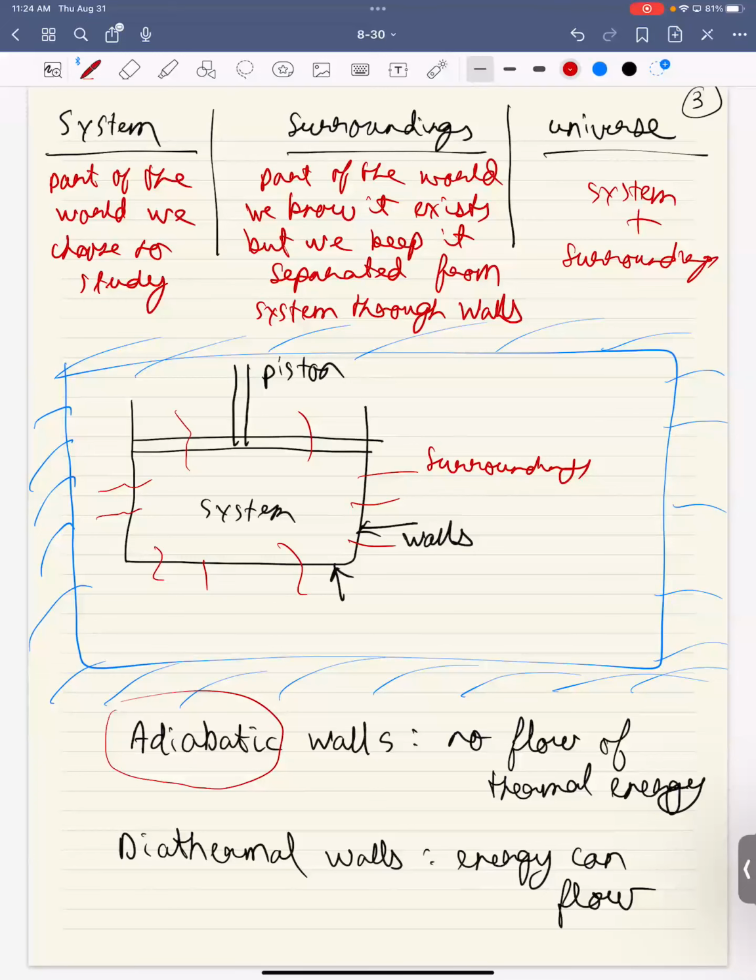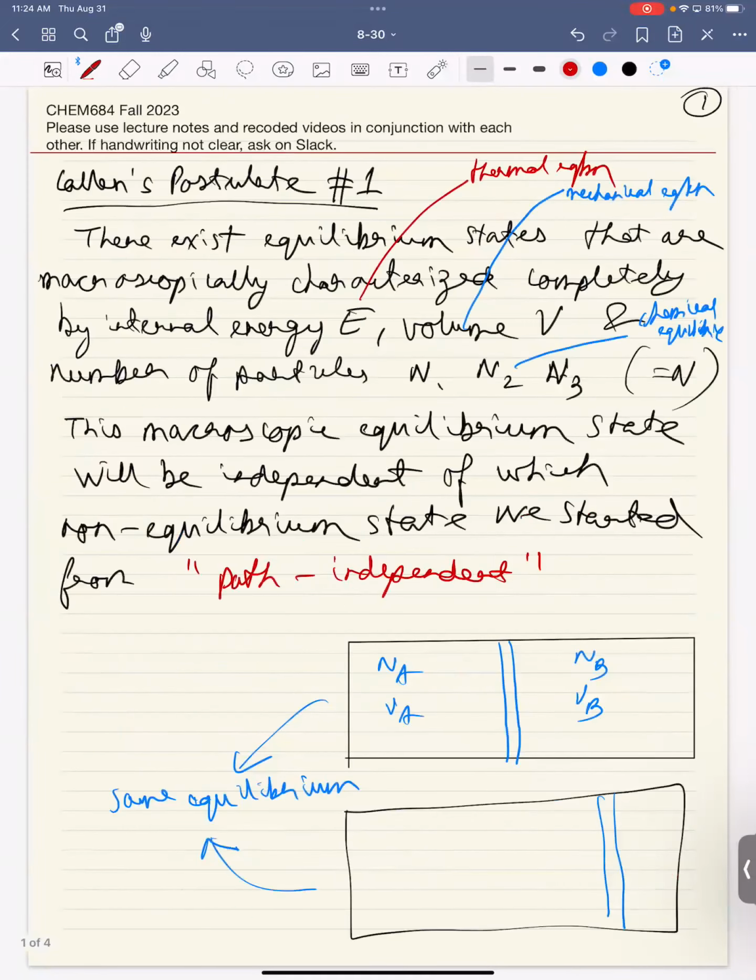So let's recap just a bit before we go to the second postulate. So what have I said so far? Callen's postulate number 1 says that there exist equilibrium states. It's really telling you that there is equilibrium, because how do you know that there should be equilibrium states? And in fact, this is a good point for me to mention the thought experiment. It was a thought experiment for me, but an active experiment for all of you when you try to move around.